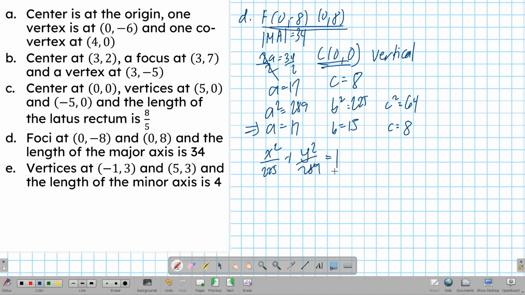Now, to make this in general form, we have to multiply both sides of the equation by the LCD. Since the two numbers are relatively prime, meaning they don't have a common factor, we just multiply the product of 225 and 289, which is 65,025.